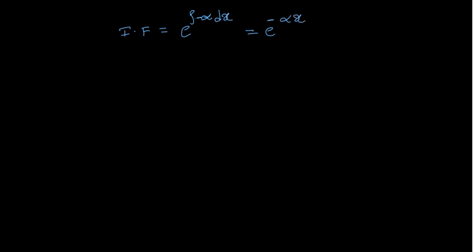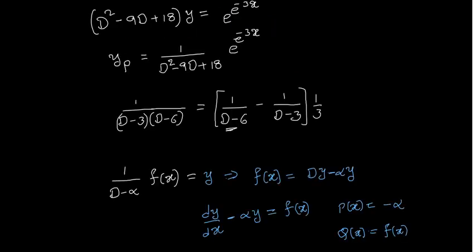Now you know the general solution, that is integrating factor into y equal to integral of q into integrating factor into dx. Anyway, we'll write plus c, but here I'm not going to write plus c. Why? Because we are seeing this as a part of a particular integral. This is what we'd like to find, right?